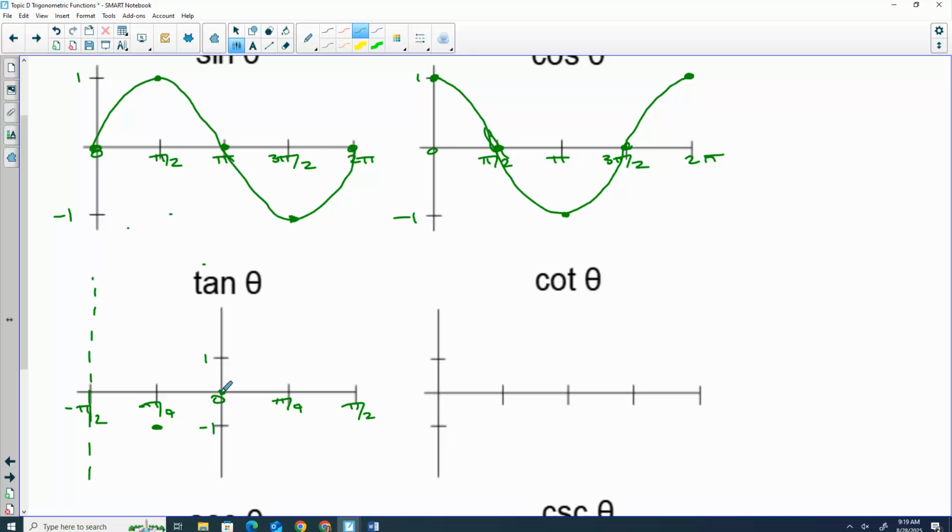If you look at pi over 4, radical 2 over 2 divided by radical 2 over 2 is 1. And at pi over 2, you get 1 over 0, so undefined. Remember, this one was a curve approaching our asymptotes.